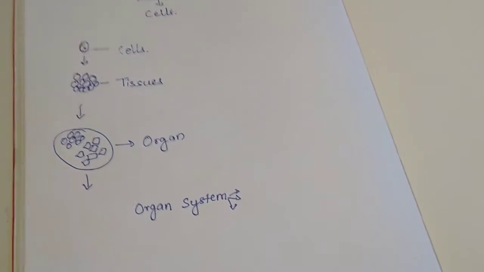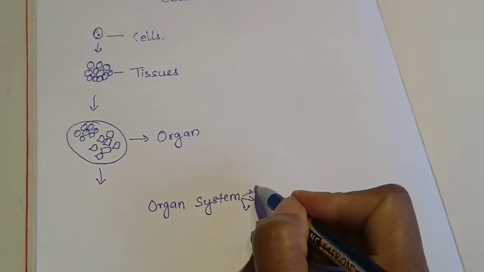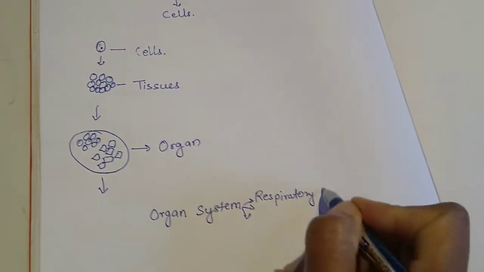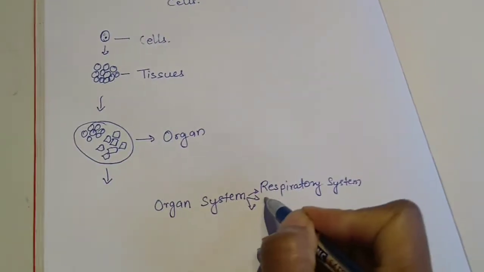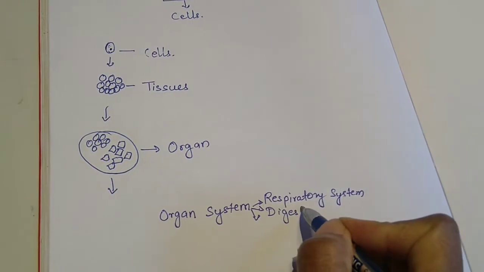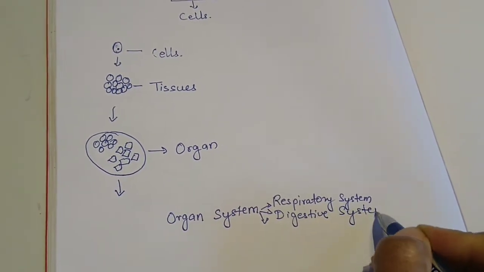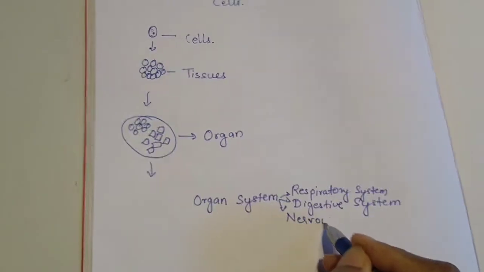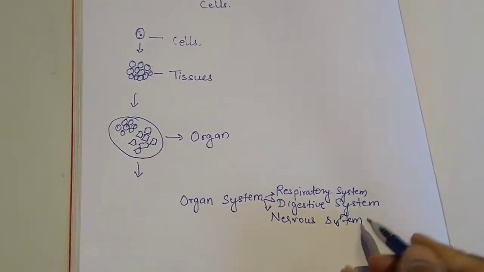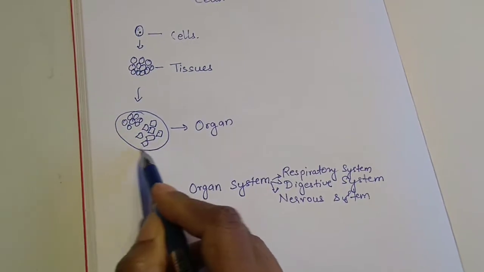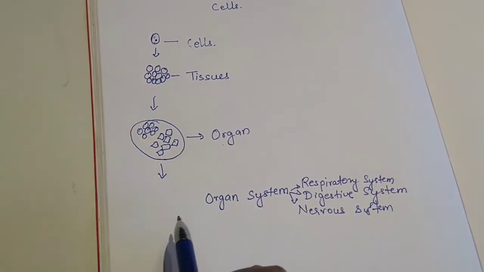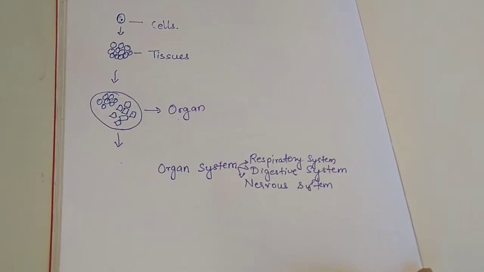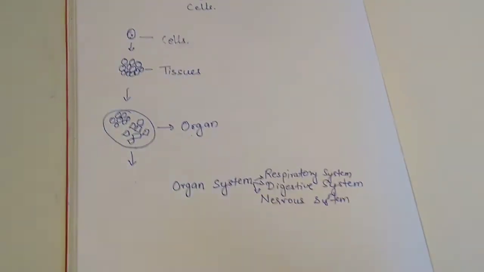So you know there are different types of organ systems in animals like the respiratory system, then the digestive system and the nervous system. Now these different types of tissues form organs, and these different types of organs join together to form an organ system.